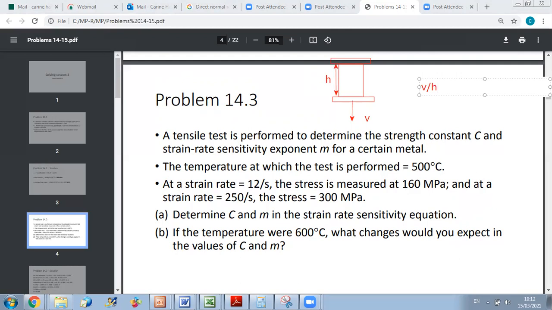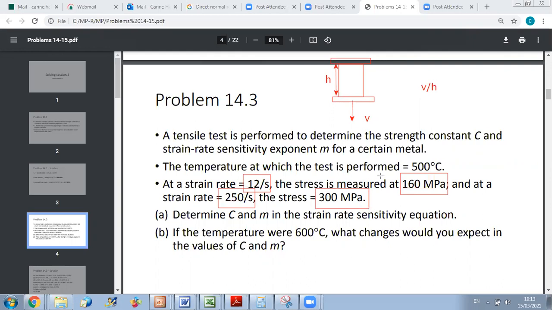So here, for a fixed temperature of 500 degrees, when doing an experiment, we have for a strain rate of 12 per second, the stress is 160 megapascal. And when reaching a strain rate of 250 per second, the stress is 300 megapascal.